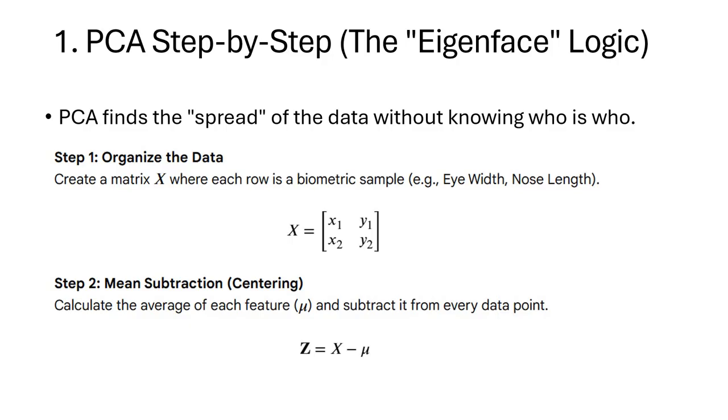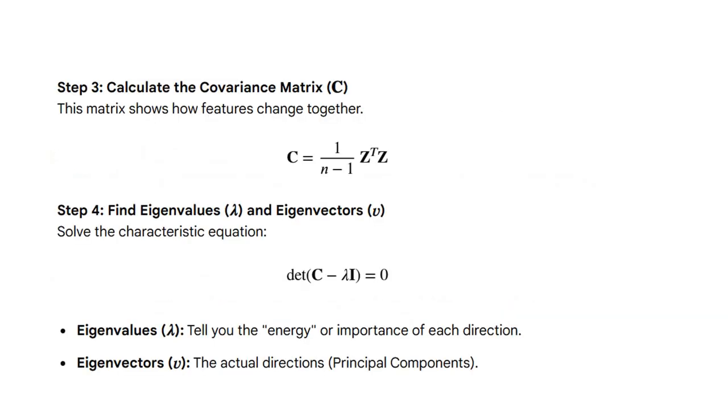Then we calculate the mean subtraction using the mu value. Mu is the mean of each feature, which is subtracted from every data point, so from X we are subtracting mu. Next we calculate the covariance matrix using this formula of C. Then we find the eigenvalues and eigenvectors; both are calculated.